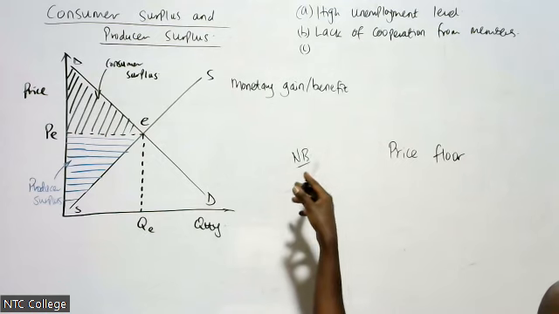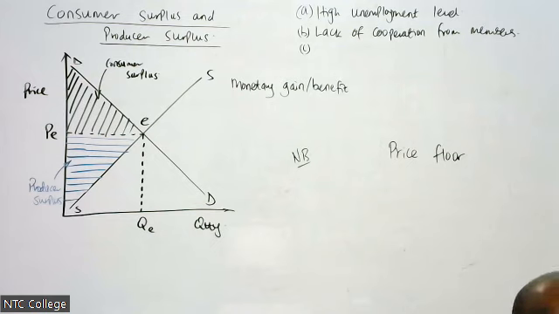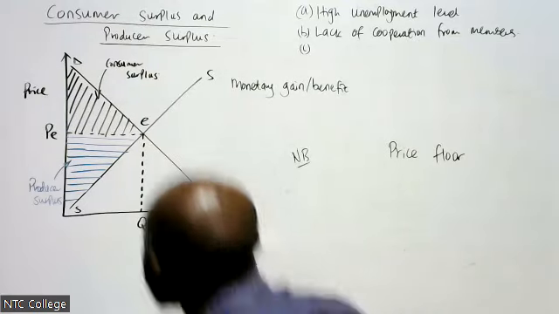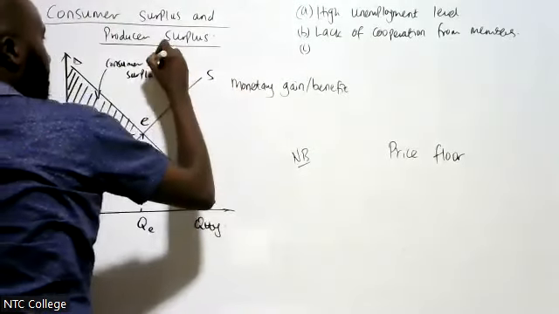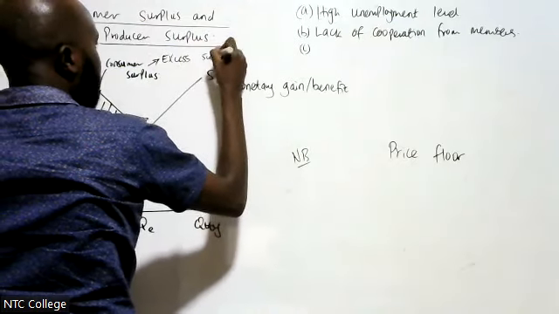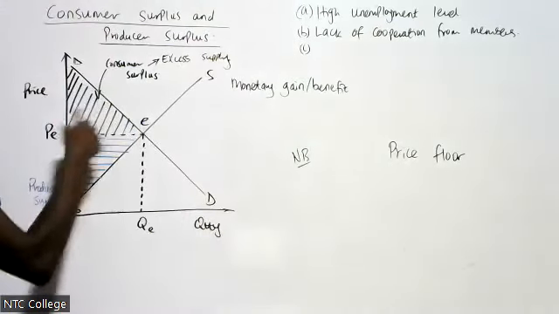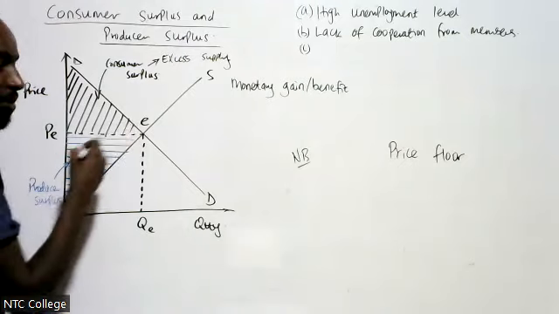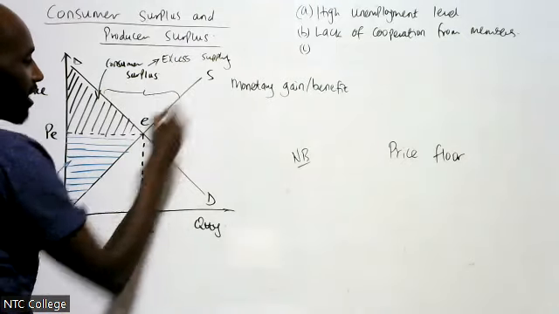Just as an NB, you write there that consumer surplus is experienced at a point of excess supply. You can see from this black area, anywhere above the equilibrium price, demand is lower than the supply.